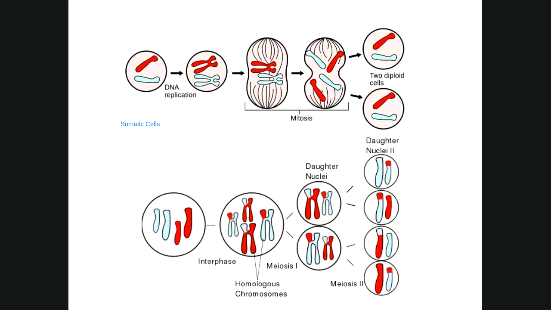Germ cells are known as sex cells, in which the DNA is present and DNA is transferred from parents to their offspring. That's why they are present in the germ cells, and that's why they are in half number, because half the number comes from the father and half comes from the mother, and they join to form the full number.